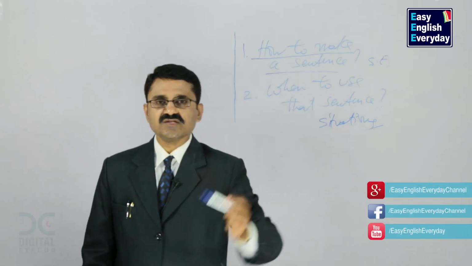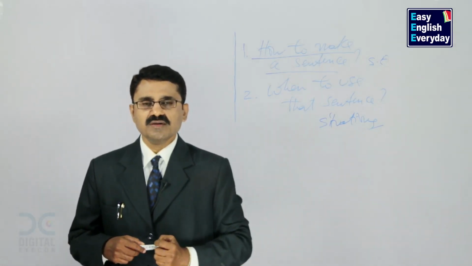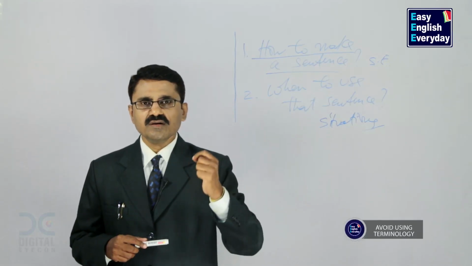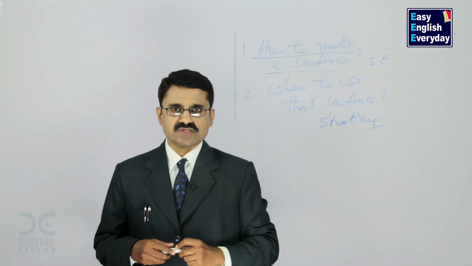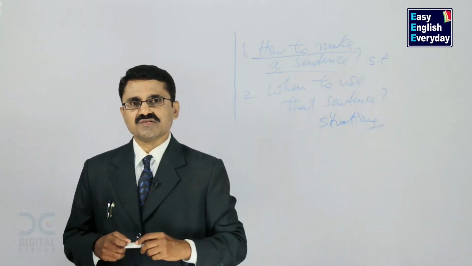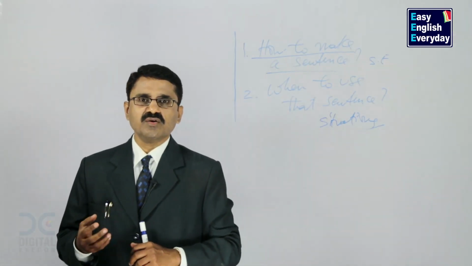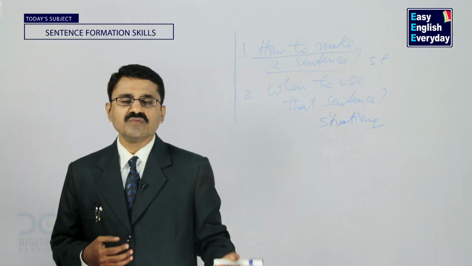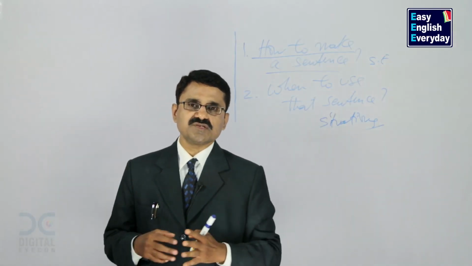This is the easiest and simplest way of learning the language, and as far as possible, avoid using too much terminology, because terminology confuses the students. The traditional, the conservative teachers use auxiliary verbs, main verbs, regular verbs, irregular verbs, strong verbs, weak verbs. This terminology confuses the student.